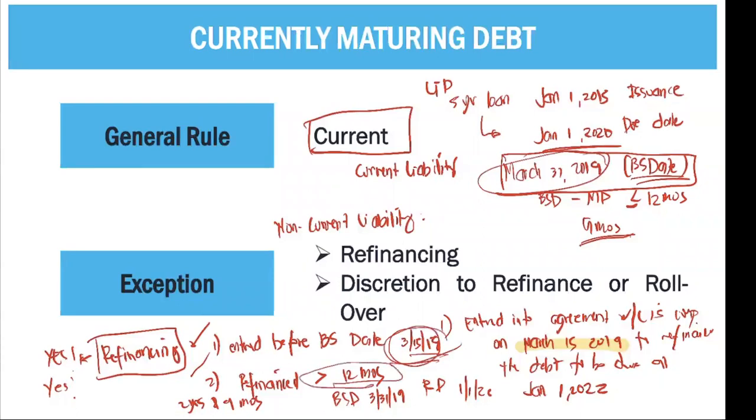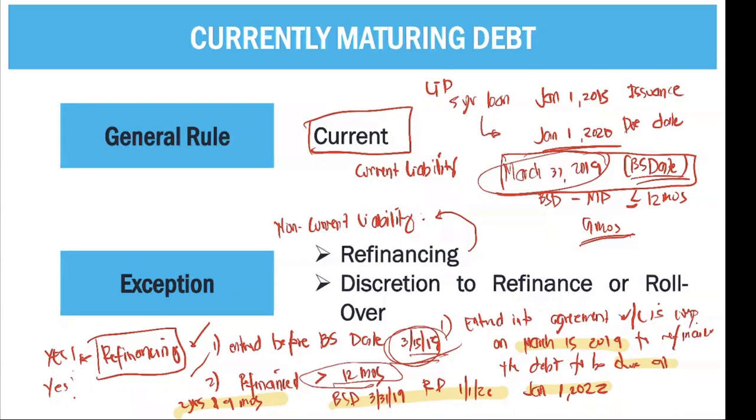Here, it is now due on January 1, 2022. So from March 31, 2019 to January 1, 2022, that is 2 years and 9 months. So more than 12 months. It will now be considered a valid refinancing. So if there is a valid refinancing, what is the treatment? Non-current liability. Okay? As a rule, currently maturing long-term debt is a current liability. But if there is a valid refinancing, non-current liability.